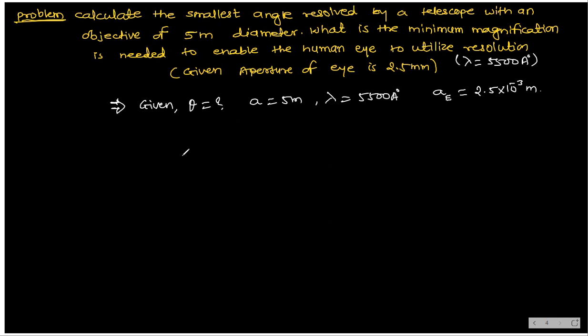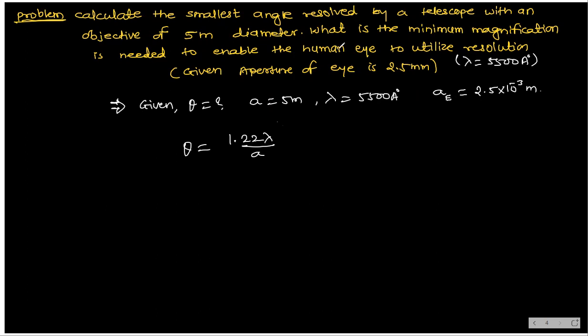तो सबसे पहले थीटा फाइंड आउट करेंगे. थीटा इज इक्वल टू 1.22 lambda by a. You can do it yourself, right? It is very easy. Everything is given, you can do it.